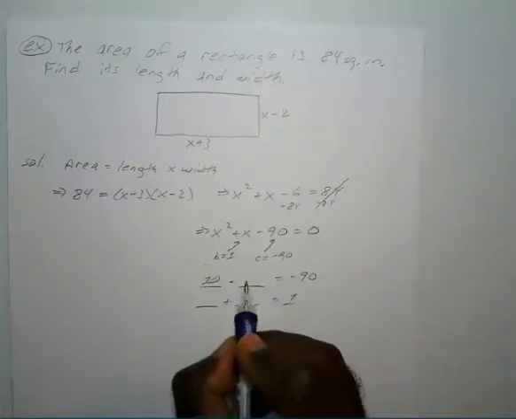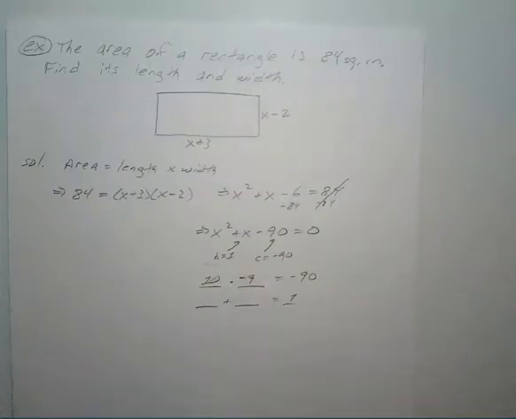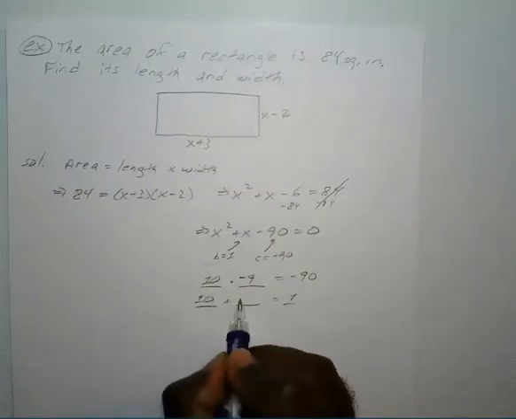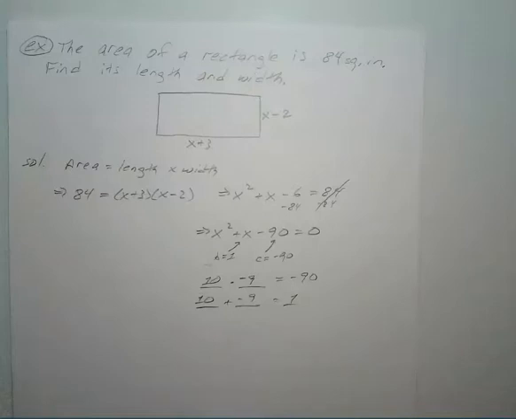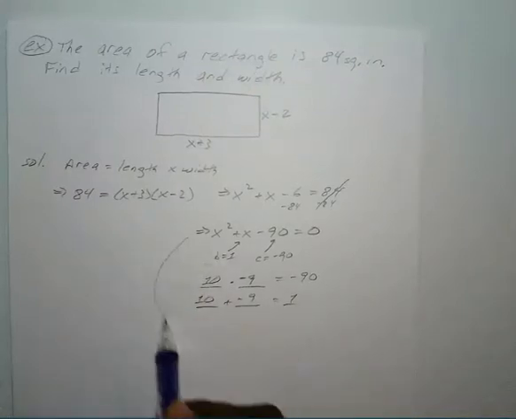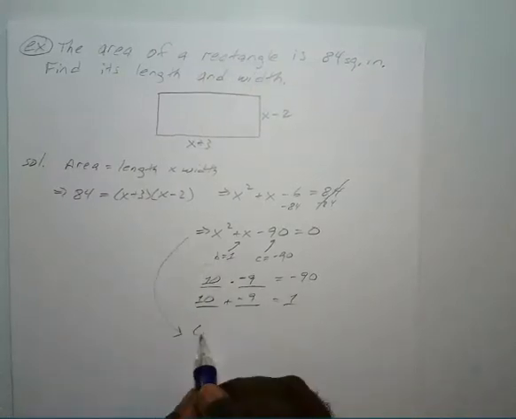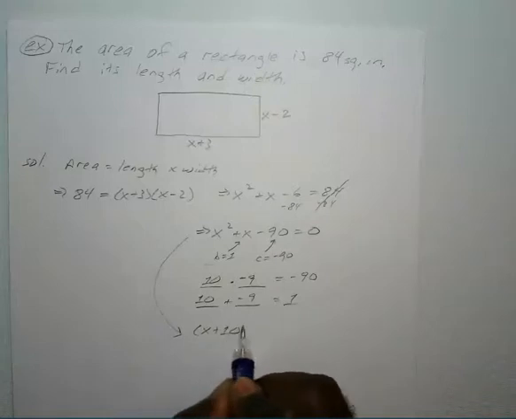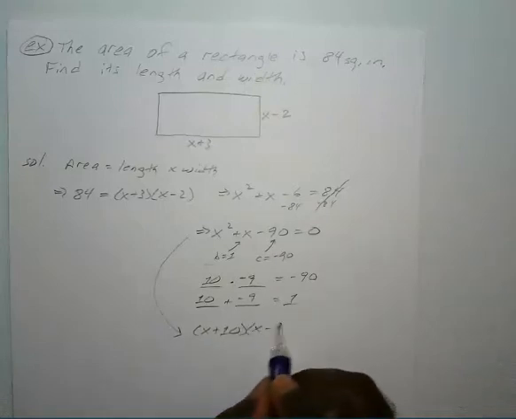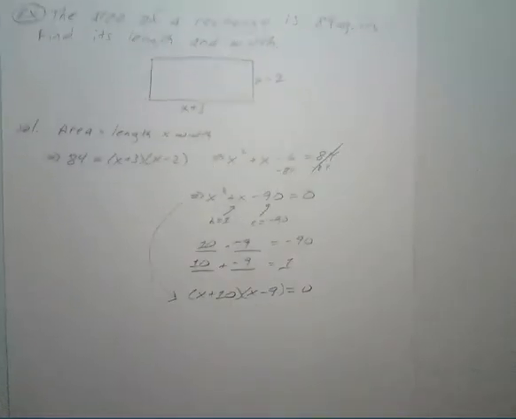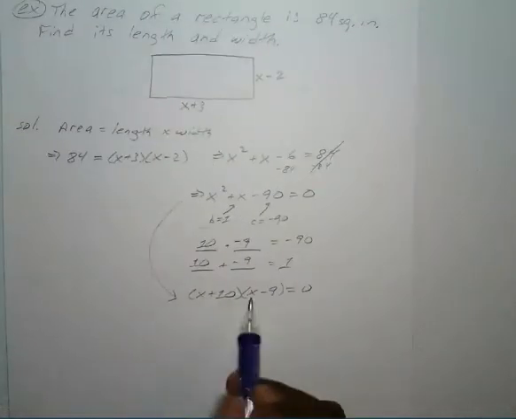Because 10 times negative 9 is negative 90, and 10 plus negative 9 is positive 1. So this will become x plus 10 times x minus 9 equals 0. So again, we set both of those to 0.